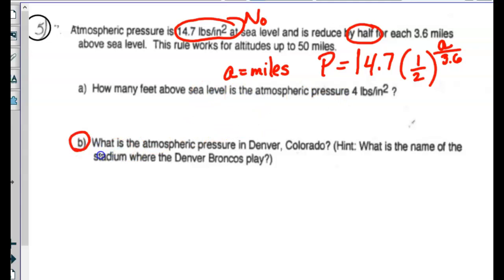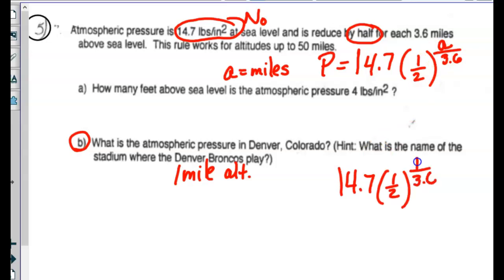B is easier, we'll come back to A. All right, what is the atmospheric pressure in Denver, Colorado? Anybody know what they call the stadium? Not the fancy sponsor name, but it is Mile High Stadium, so it is 1 mile high. Denver is roughly 1 mile up. So if we put a 1 in here, how many pounds per square inch of pressure is applied at 1 mile of altitude?